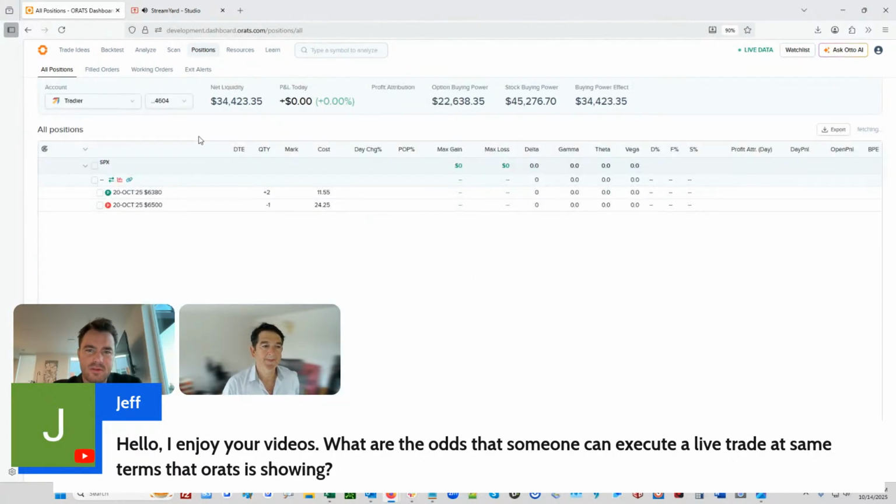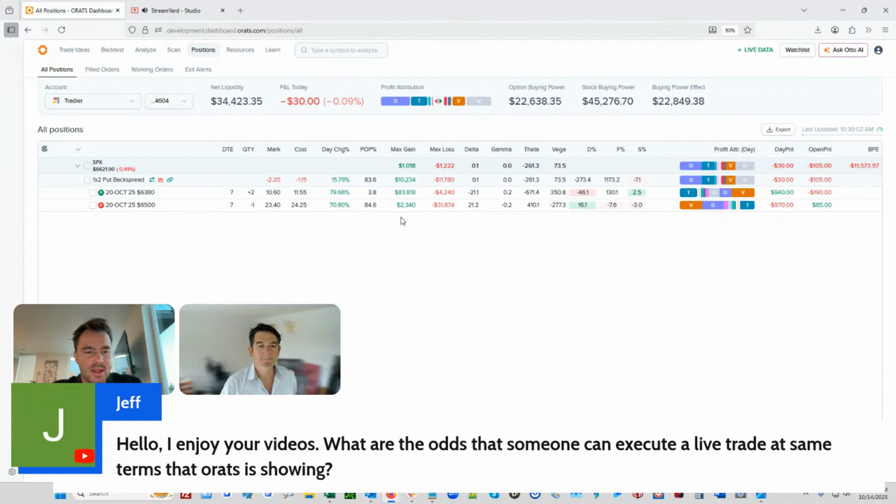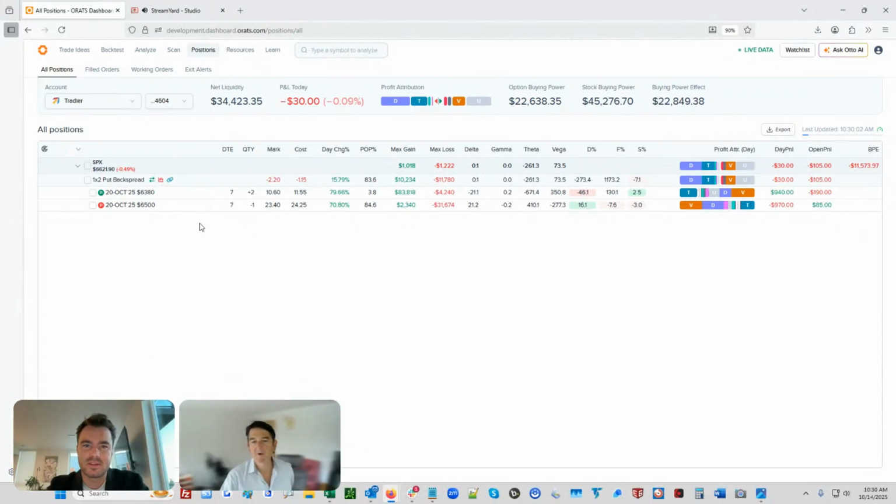As long as you have your live data agreement signed, you should be able to follow along and send things at pretty close to the same prices that we do. There is some slippage, but I'm trading a lot of accounts that are using that, and you get filled at decent prices. And you can connect your Tradier brokerage account. Yep.